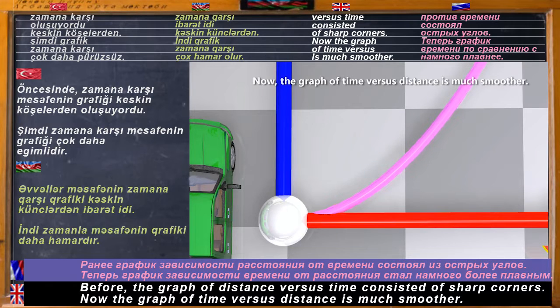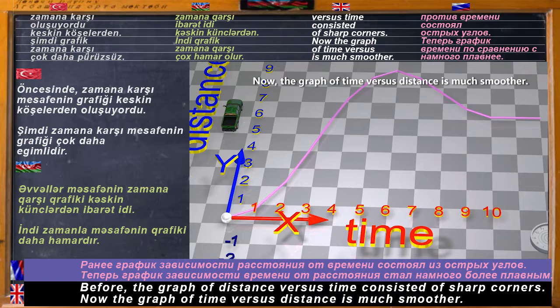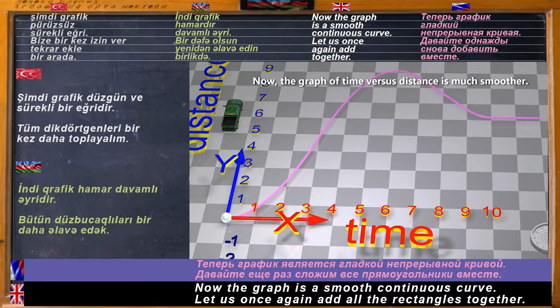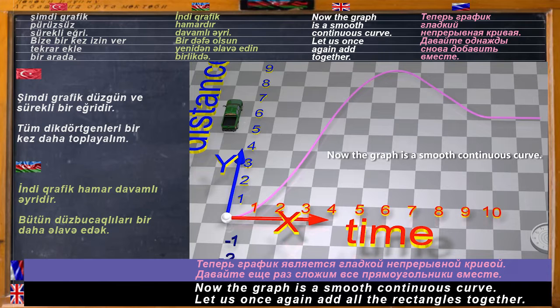Now the graph of distance versus time is much smoother. Now the graph is a smooth, continuous curve.